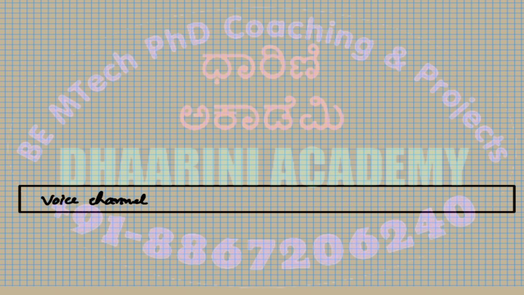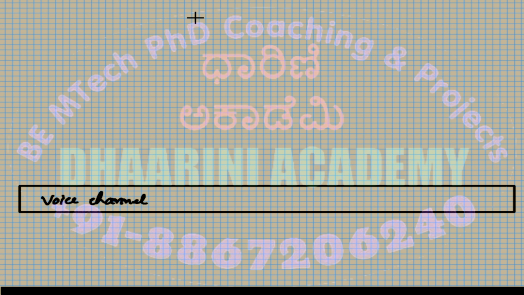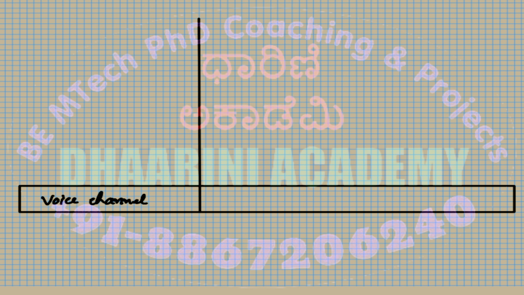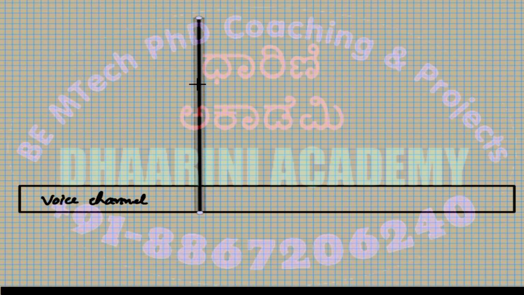So in order to design a voice channel, let's say we have two different channels available for us, and each channel is to be 25. This is 25, 25 on the left and the right.